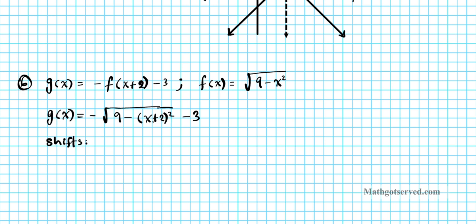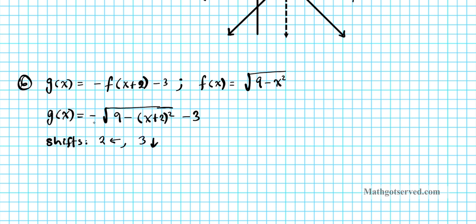Next to the x, you have plus 2, so we do the opposite: 2 units to the left. And this minus 3 means that the whole function is shifted 3 units down. Those are the shifts for this function.